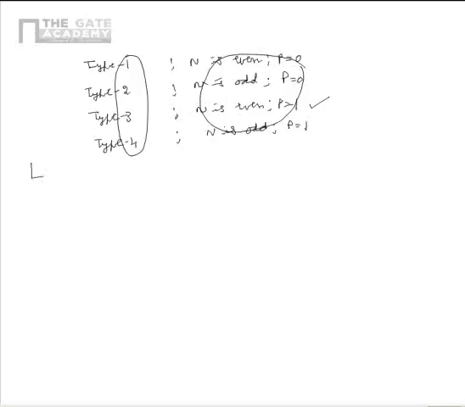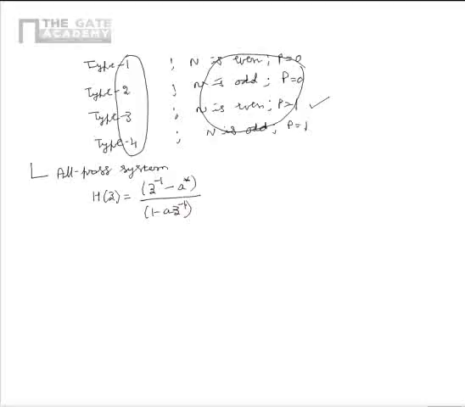Now let us look into another category of LTI systems, that is the all pass system. In case of an all pass system, the system function can be generalized as H of z is equal to (z inverse minus a star) divided by (1 minus a z inverse).